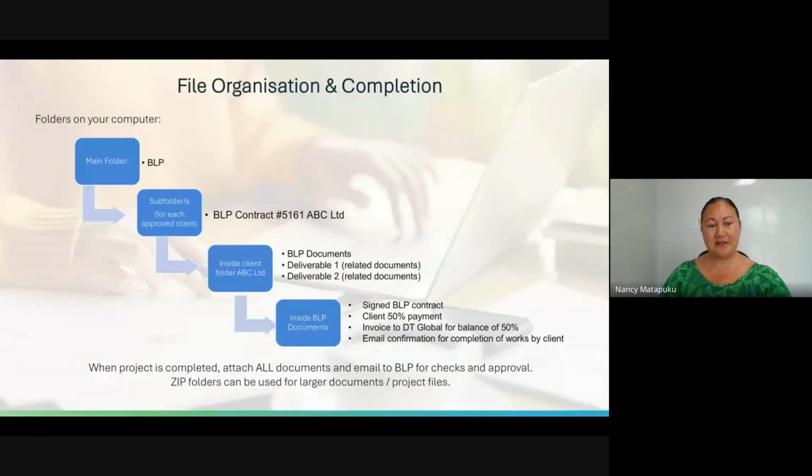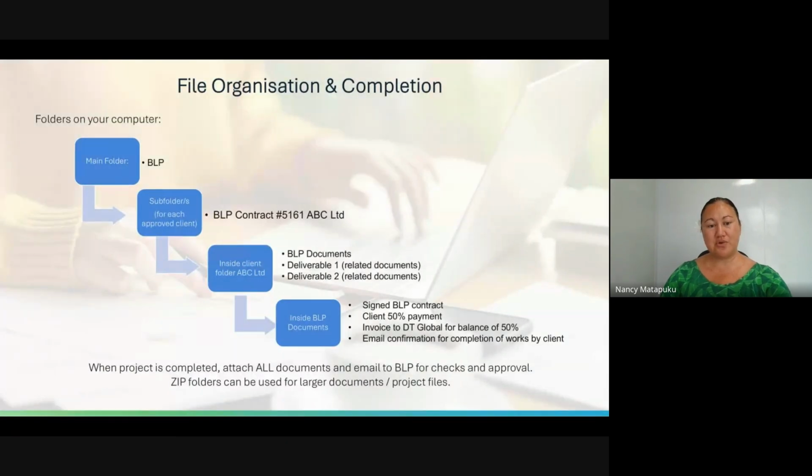So inside deliverable 1, you will, for example, in my line of work, it may have been producing 5 years of financial statements. So I want to have a scanned copy of the 5 years of financial documents inside deliverable 1. Deliverable 2 might have been processing PAYE for those 5 years.